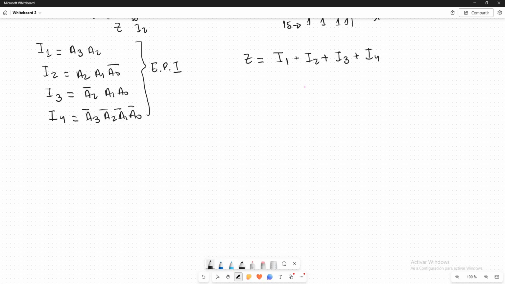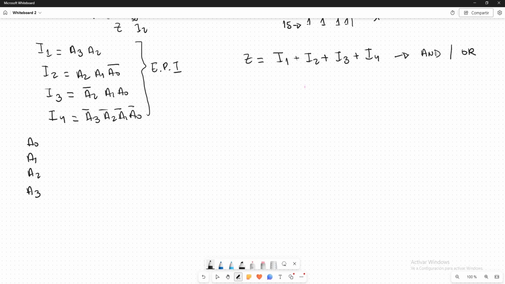Since we have the minimal sum, we are going to have a two-level circuit with an OR gate. So A0, A1, A2, and A3.